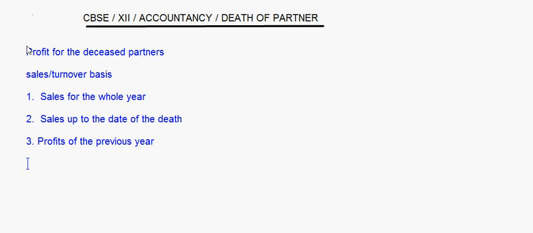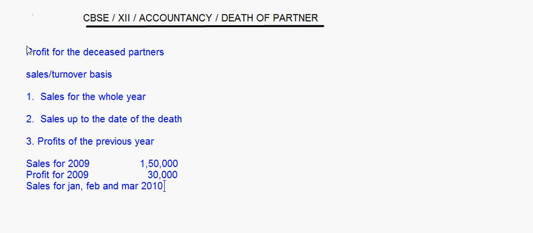Now supposing the data that I have is sales for 2009, supposing I say is 1,50,000, right? And profit for 2009 is 30,000, and sales for January, February and March 2010 is given as 40,000.